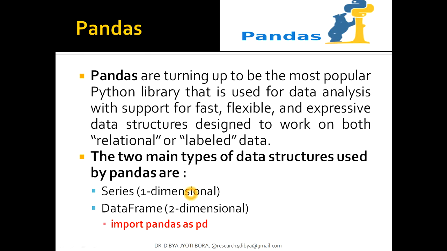And to import this pandas library to your Python program, you need to write this line of code, which I'm writing in red. This line of code is very important: import pandas as pd. Why am I writing it like this? Because pd is just an alias of pandas. In future, by pd, we can refer to all the functions that are under this pandas library.